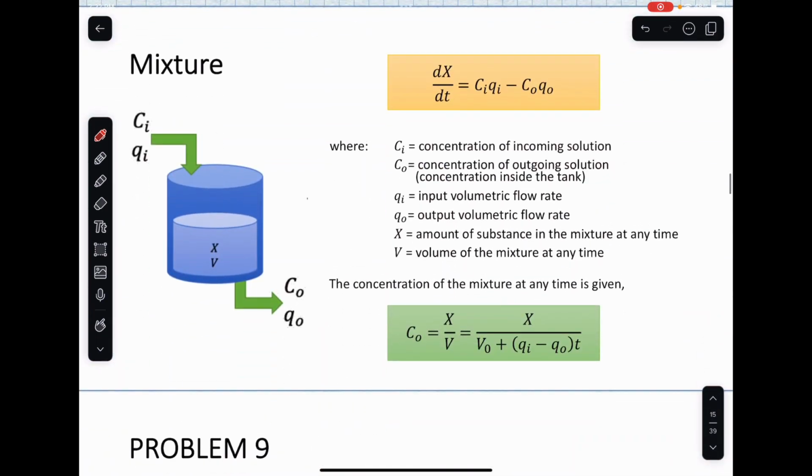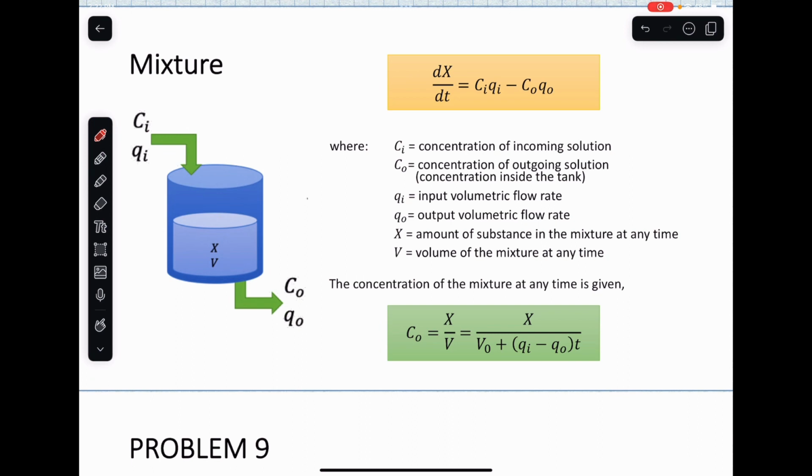So let's proceed to the next, which is the mixture. For mixture problems, there are two formulas that we are using, so we have to know these. Here we are given a solution inside the tank. X corresponds to the amount of the substance at any time.